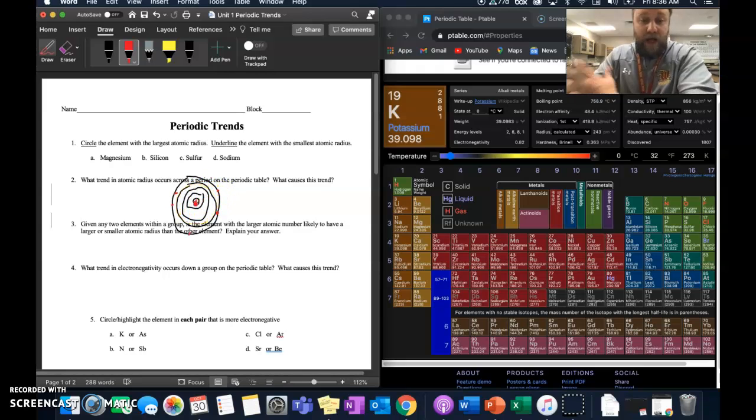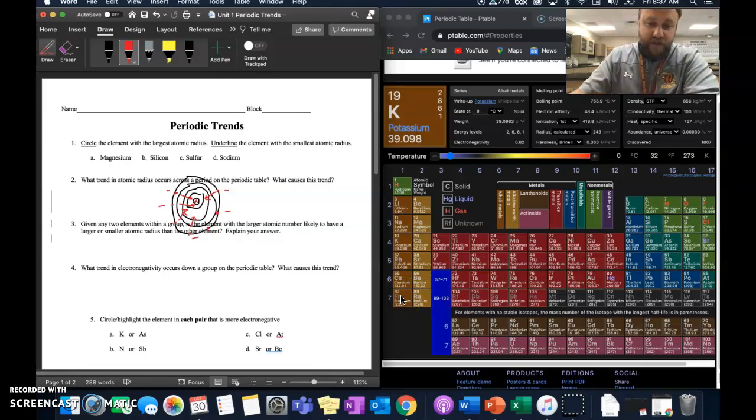So positive and negative are attracted to each other. So if I keep adding electrons, keep adding protons, it causes my atom to kind of squeeze on itself because our electrons are being attracted to the protons in our nucleus. So it squeezes in just ever so slightly each time we add a negative electron. So that's just a little bit on atomic radius.